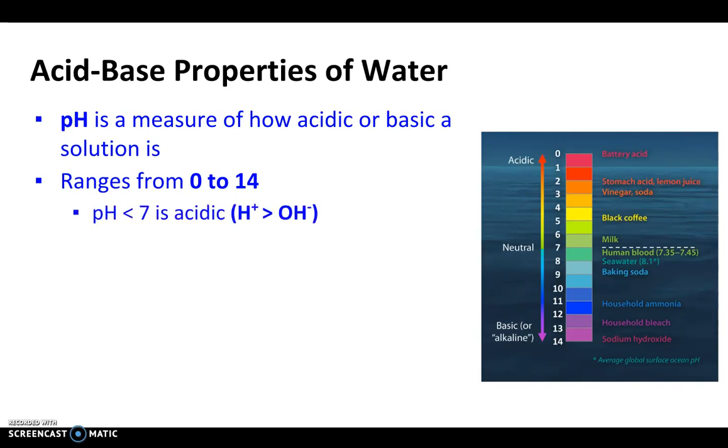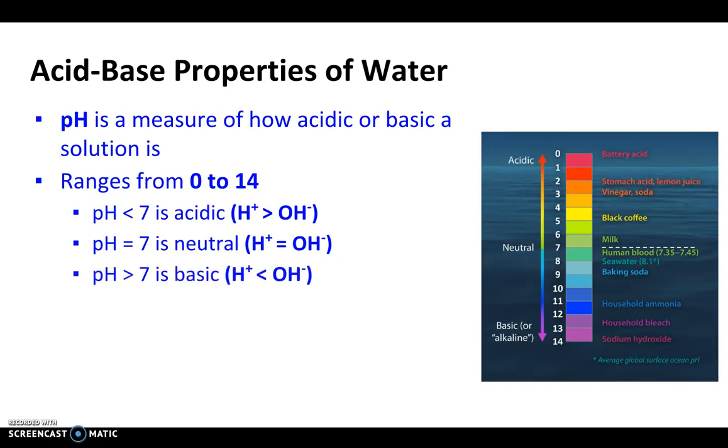pH less than 7 is acidic. That means there's more H plus than OH minus. pH equal to 7 is neutral, so the H plus is equal to the hydroxide. And pH of greater than 7 is basic, so there's fewer H pluses than there are hydroxides. The pH of pure water is 7.